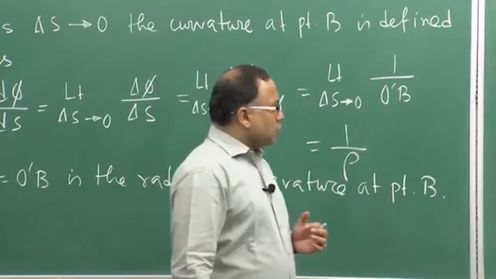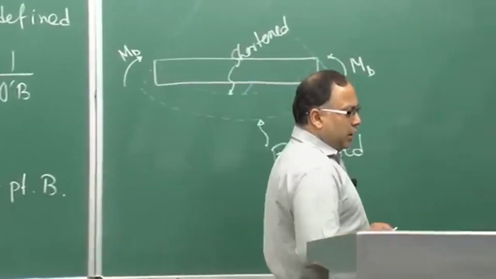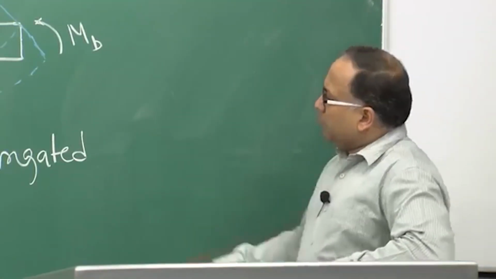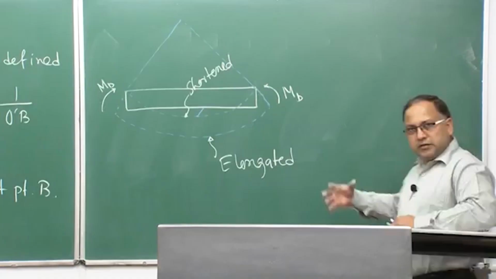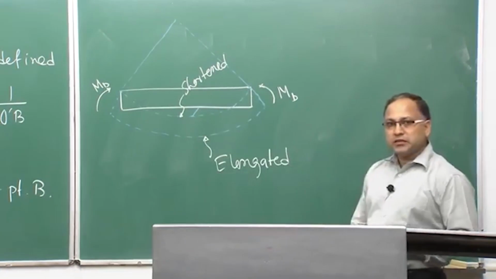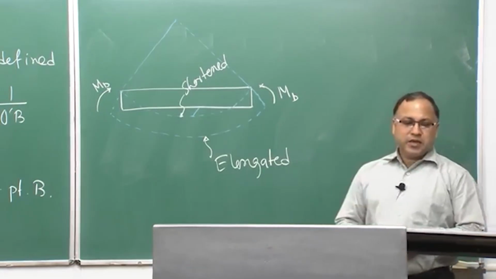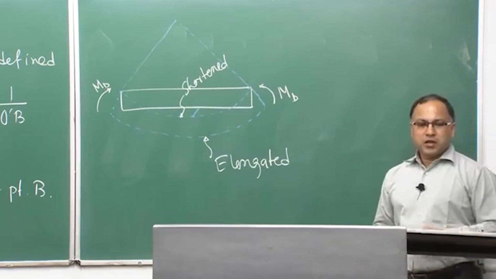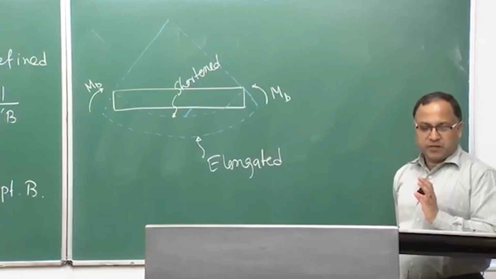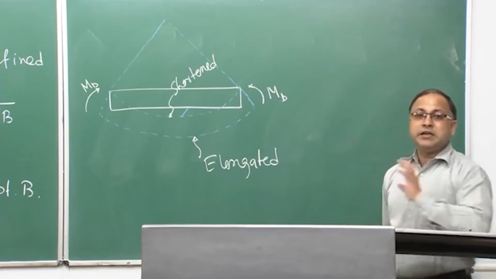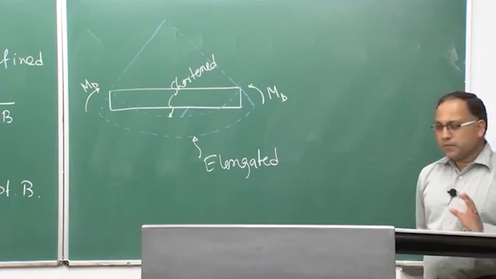Now, if the bottom fiber is getting elongated and the top fiber is getting shortened, then there must be one line in the plane of symmetry which has not changed in length, and that line is known as the neutral axis. Understood?